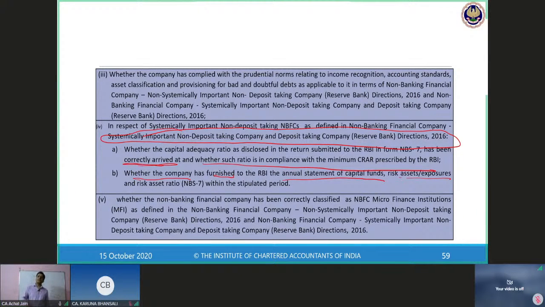So under these directions, NBFC microfinance institution has been defined. So any of the NBFC which will fall within that definition has to classify itself as NBFC microfinance institution. So that classification, whether the NBFC has done for itself or not, the auditor needs to check that.